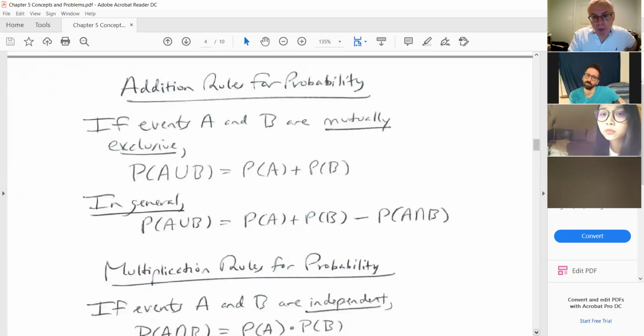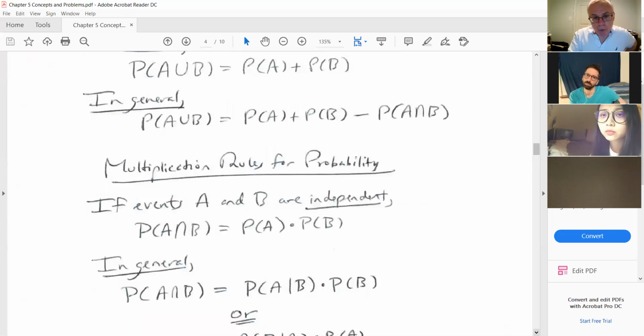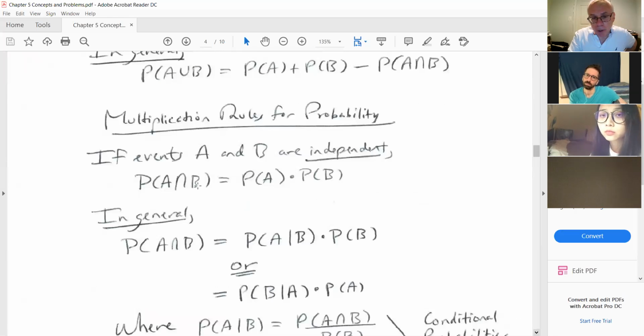Now, multiplication occurs when we use the word and. Okay? And we have two events again, and we say, what's the probability of A and B occurring together, or A intersect B? Well, if the two events are independent, now what's independent mean? There's a subtle difference between this and mutually exclusive.